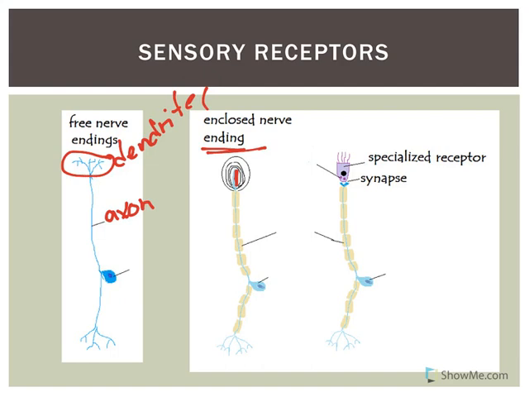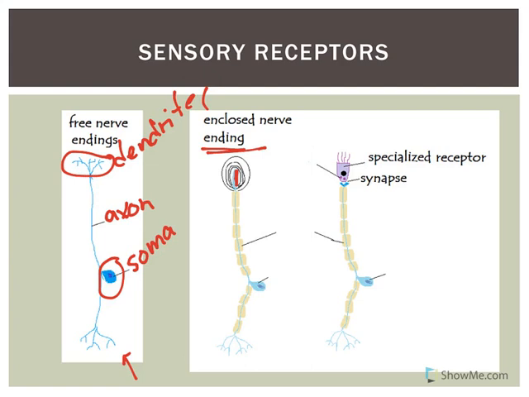On that free nerve ending, those dendrites are actually the specialized sensory receptors. That information is going to be carried along the axon, eventually up to another neuron, and we'll talk about that later. And here again you see the soma, or the cell body. So remember, this is that typical unipolar neuron that we've seen previously.